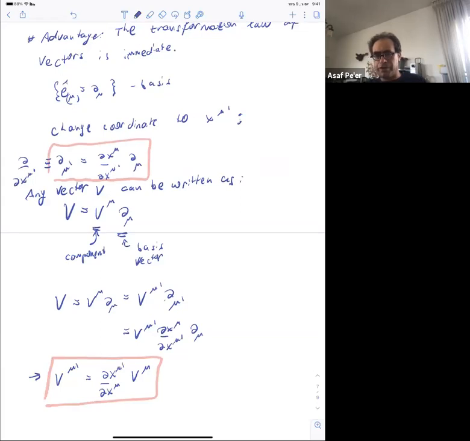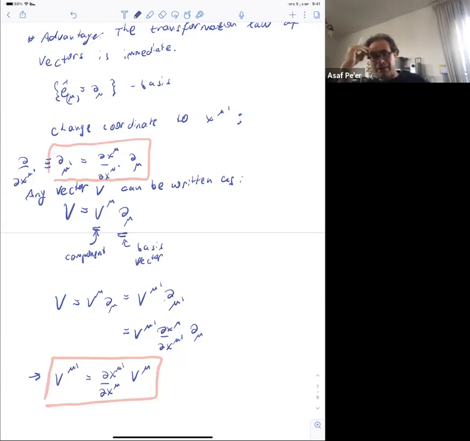I just changed the component, to show you how the components change when I'm looking at the same vector in a different basis. Again, the only thing that I'm doing here is to require that the vector itself doesn't care about the coordinates.